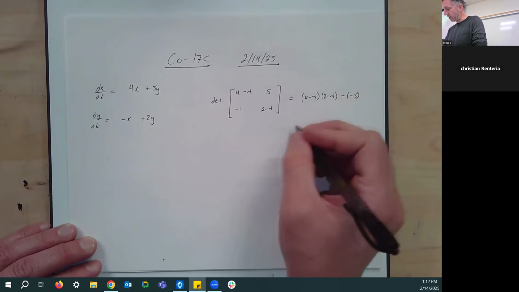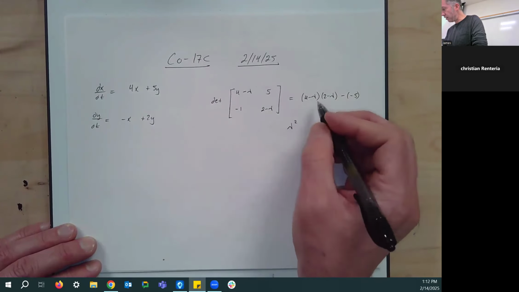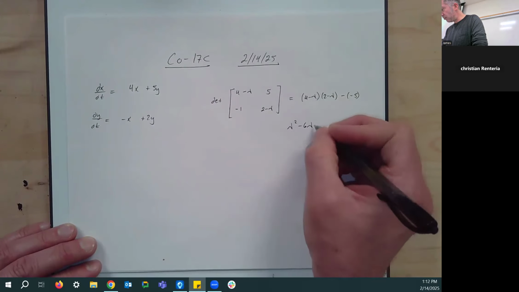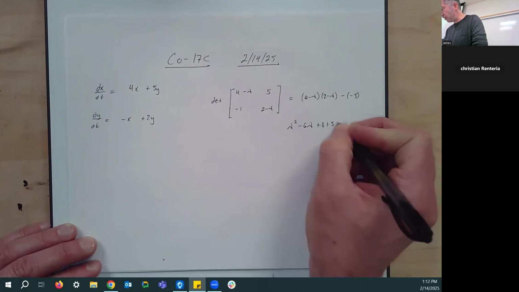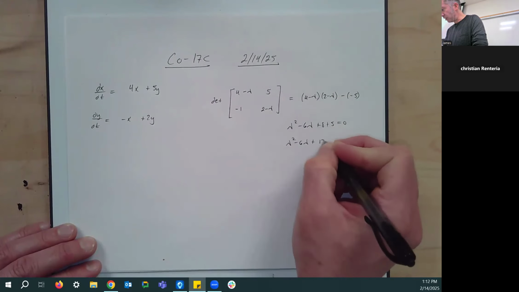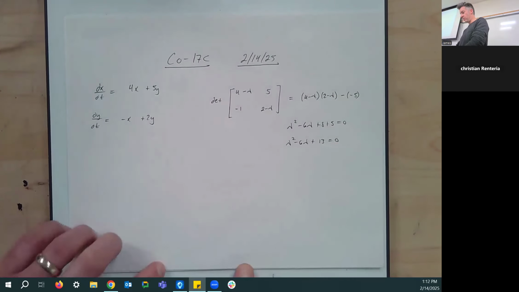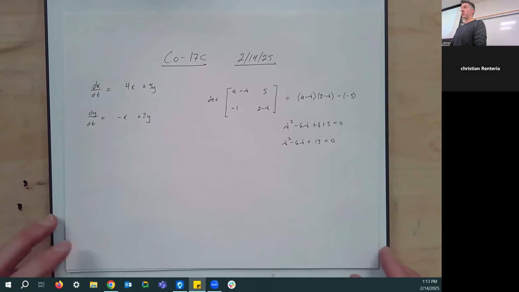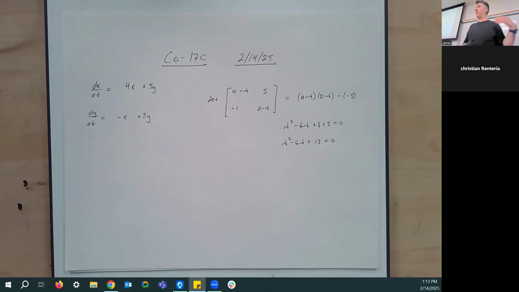If we simplify that, it's going to be lambda squared minus 2 lambda minus 4 lambda is minus 6 lambda, plus 8 plus 5, equal to 0. It's going to be lambda squared minus 6 lambda plus 13 equal to 0. You might notice that this doesn't factor. It might still have real solutions, right? Just because it doesn't factor doesn't mean you necessarily have imaginary eigenvalues.